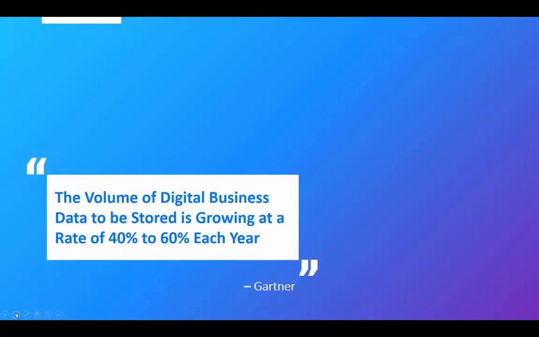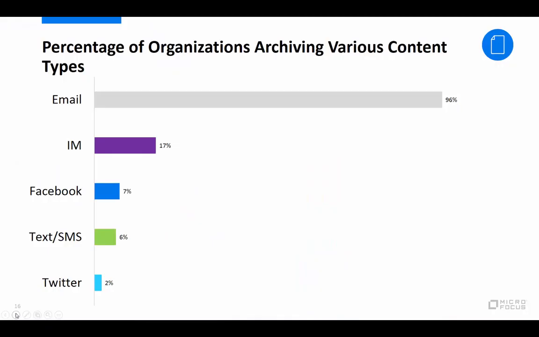The other thing that's interesting, and like I stated, the other use case for archiving is that ability to manage your data. Gartner has recently stated that data volume will grow at about 40 to 60% each year. So just be aware that your data is growing. New forms of communication are out there, and you need to be able to manage that.